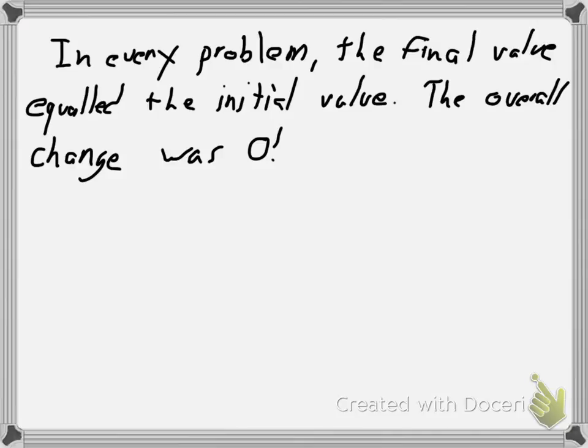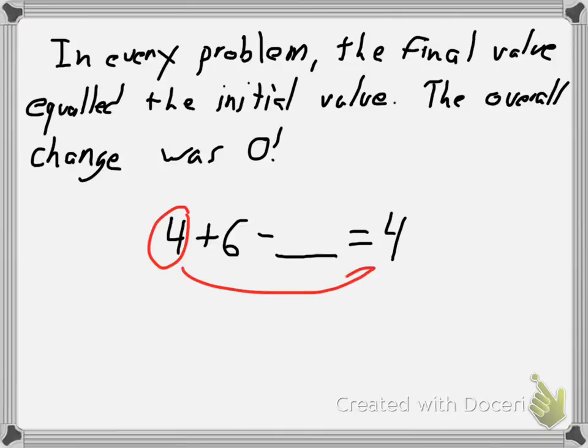So because there was no change, if I was to give us a problem like this, say 4 plus 6 minus blank is equal to 4, I can look and say, alright, I'm starting off with 4. When I end up, I want to end up with the same exact thing.